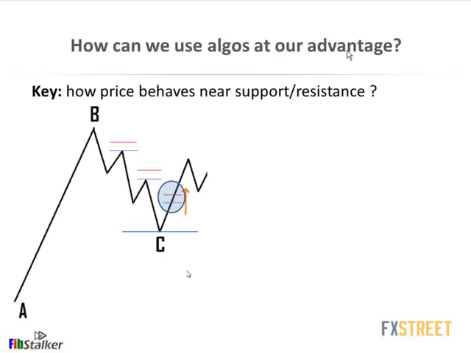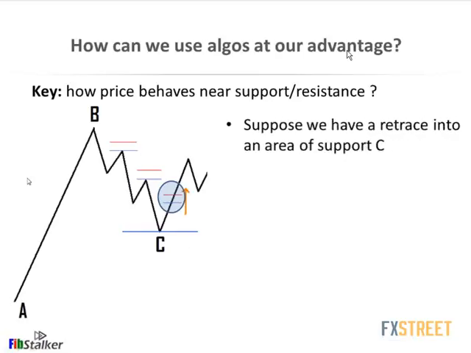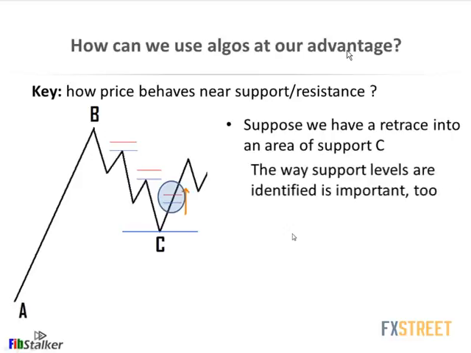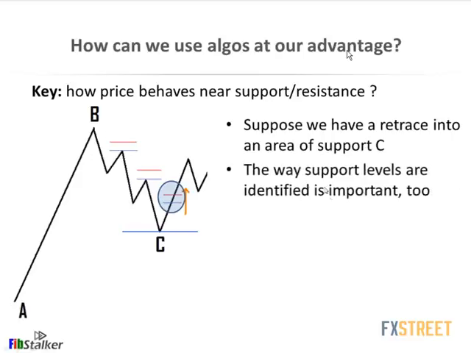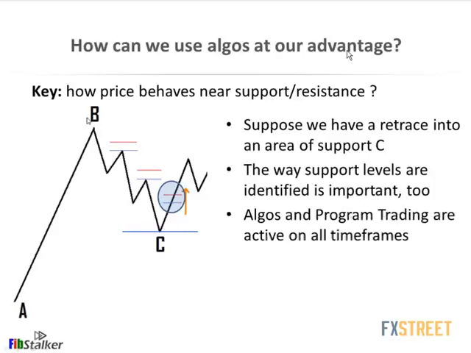So let's look at this example in more detail, and then I'm going to show you a real example on the New Zealand dollar versus the US dollar. Suppose we have a retrace into C here. The way these levels C are identified is important too, because we want to study the presence of algorithms on this counter move from B to C, and we know that we can do that because algorithms exist on all time frames.